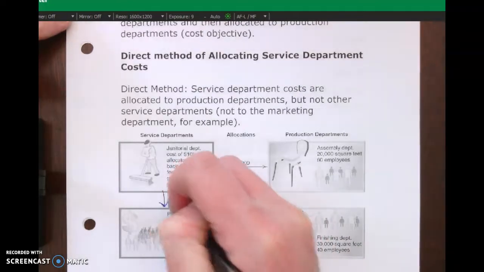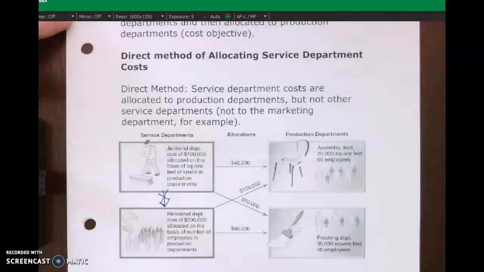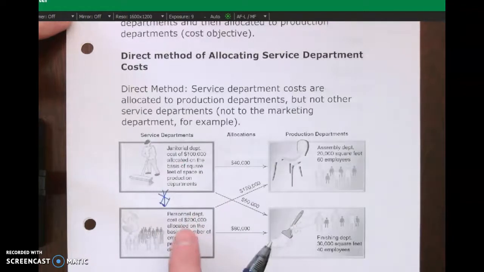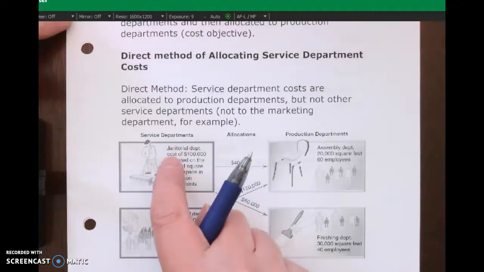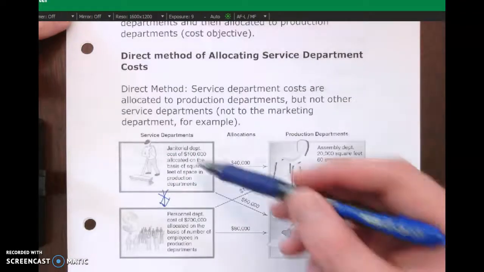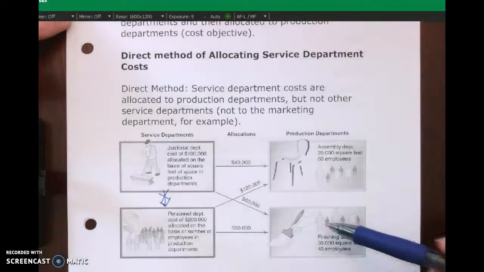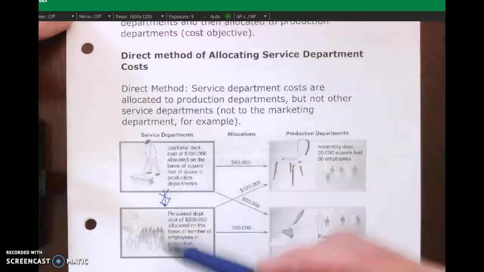What we don't see with the direct method is one service department allocating its costs to another service department. That would not be the direct method. The direct method is service to production, not service to service.